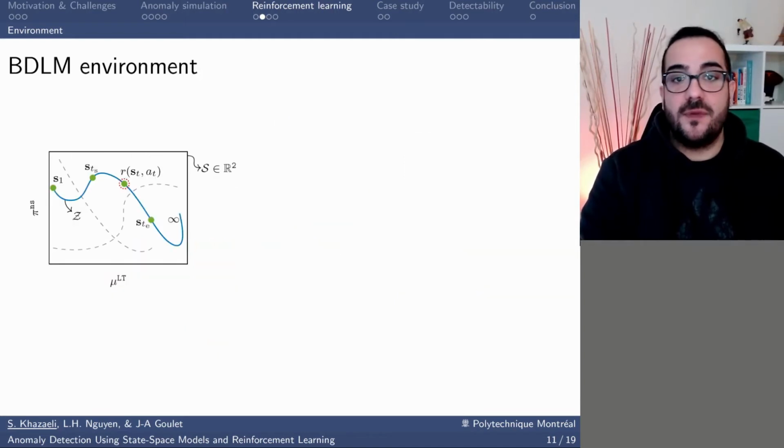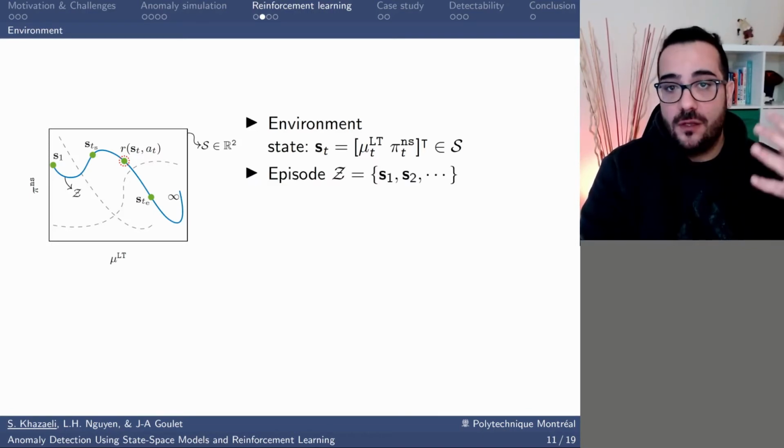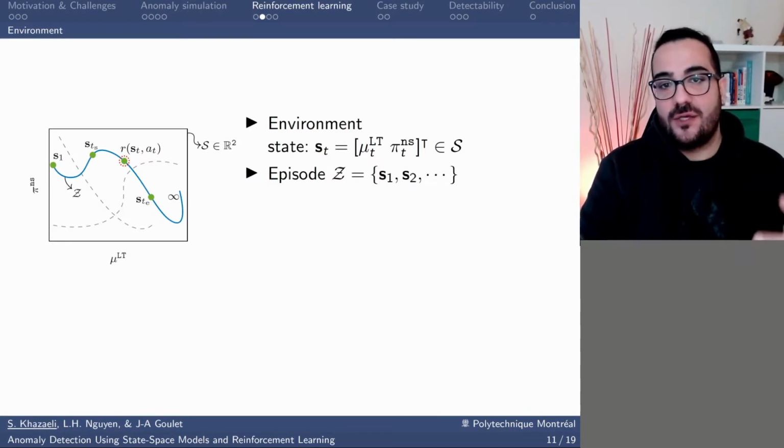Here, the BDLM environment is a two-dimensional space that includes episodes like the one shown by the blue line or the dashed lines. At any time t, the agent can be in the state S_t, which consists of the trend and the probability of non-stationary regime. Therefore, an episode is a collection of these states.